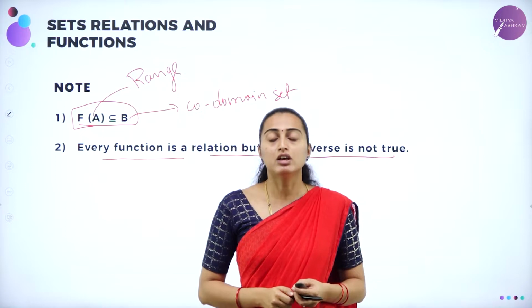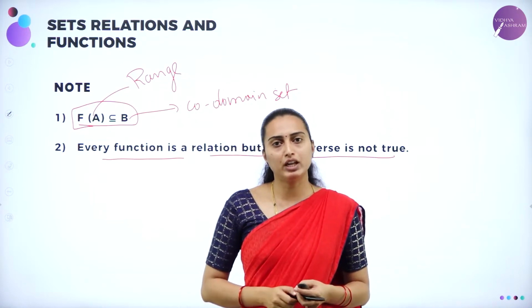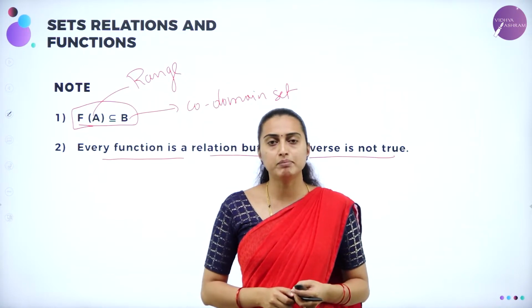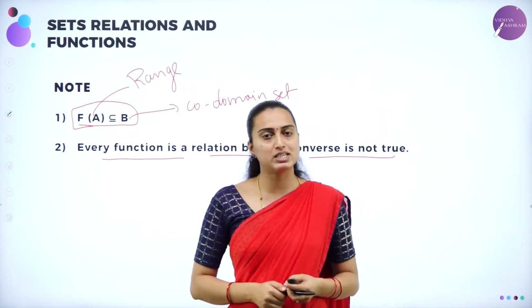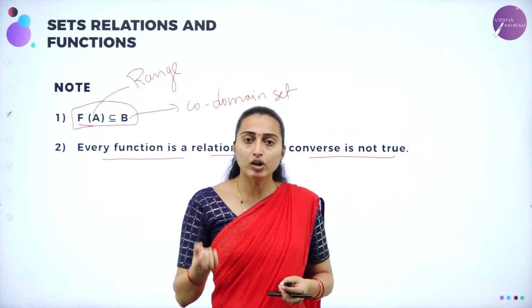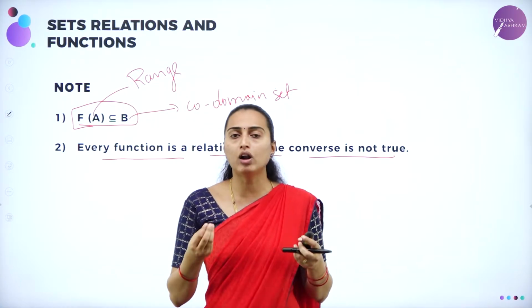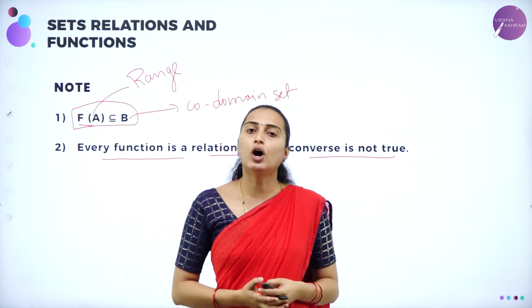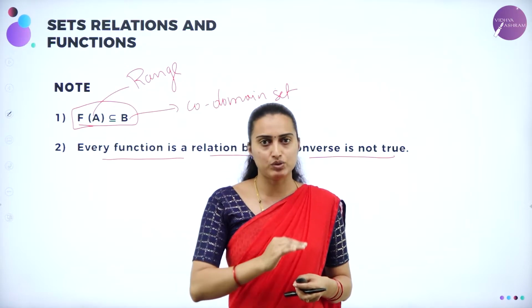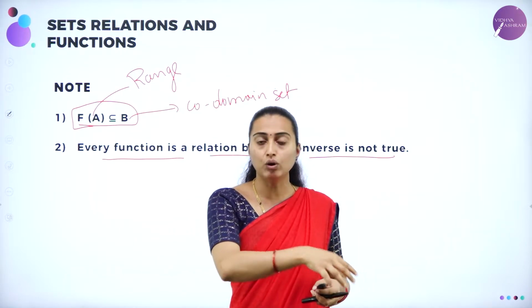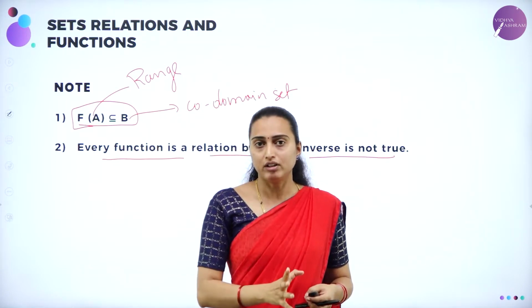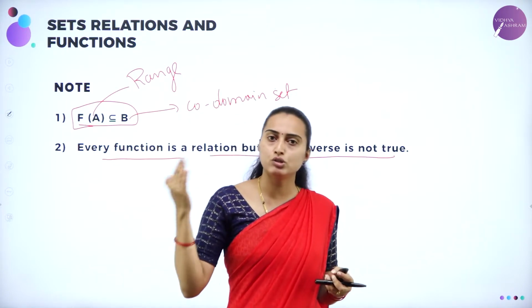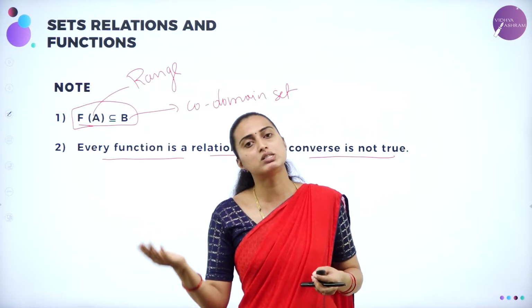Suppose you have only 2 members in a family, then if you want to celebrate a function, you are going to invite the relatives. So if you want to celebrate a function, relations must be there. Relation means you can also invite friends, isn't it? You can also invite relatives.